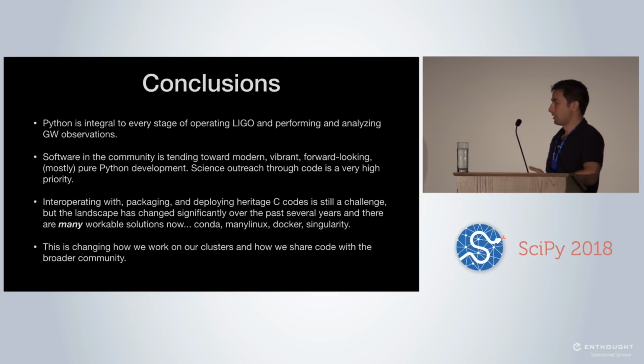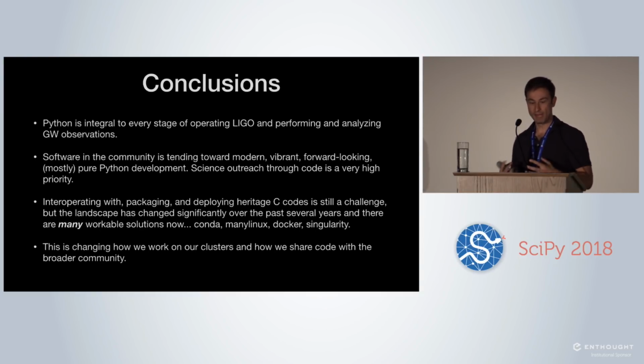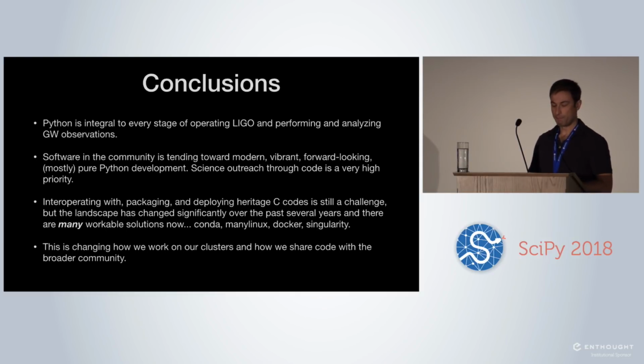So some conclusions. Python is integral to every stage of operating LIGO and performing and analyzing gravitational wave observations. Software in our community is tending toward a more modern, more vibrant, mostly pure Python development model, partly because science outreach is becoming such a high priority.